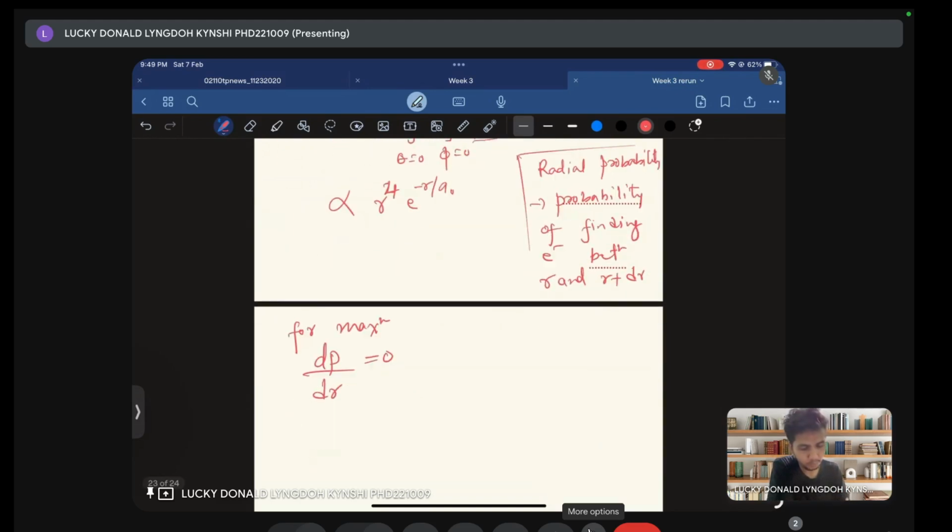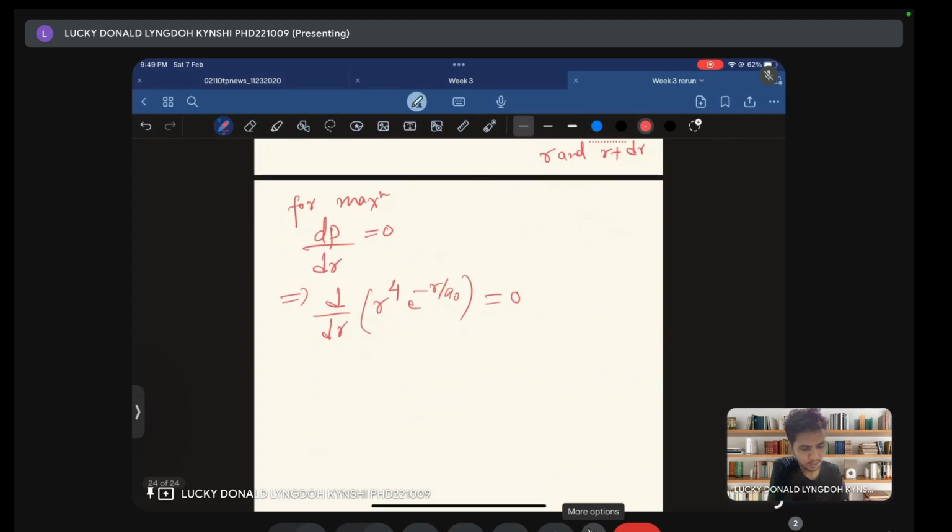Okay, so now if you differentiate, this is p, which is proportional to r to the power 4 e to the power minus of r by a naught. You will get d by dr of r to the power 4 e to the power minus of r by a naught equal to 0. This is a simple product differentiation.